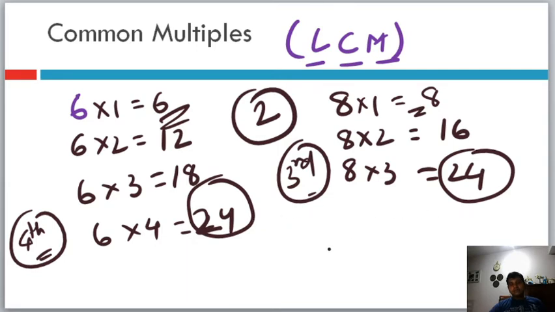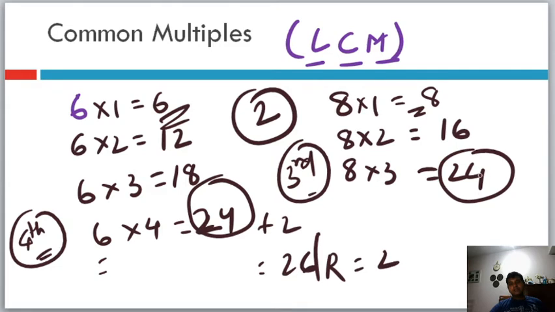That number is 24 and we simply add 2 to that number, so it will be 26. So when you divide it by 6, the remainder will be 2. Similarly, when you divide by 8, again the remainder will be 2. So that is the approach of solving such questions, and that is where this concept comes in.